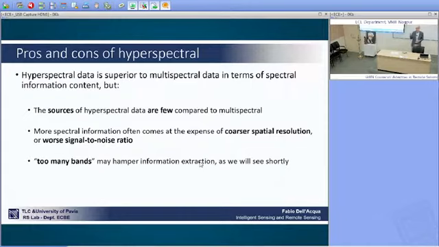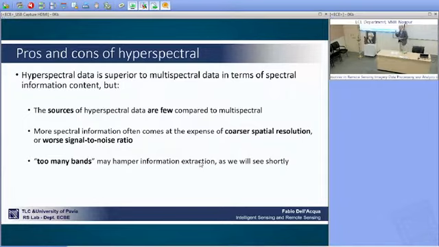So I wanted to talk about this topic because this is something that in the next few years will for sure be developed. More spectral information generally comes at the expense of coarser spatial resolution or worse signal-to-noise ratio, meaning that getting denser sampling of the spectral response doesn't come for free in a technological sense.